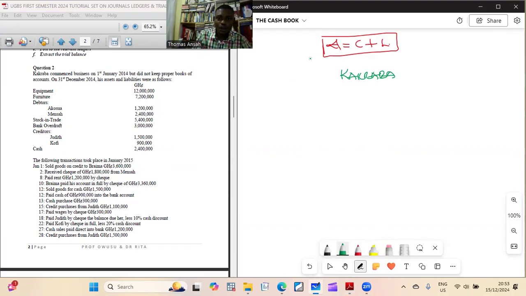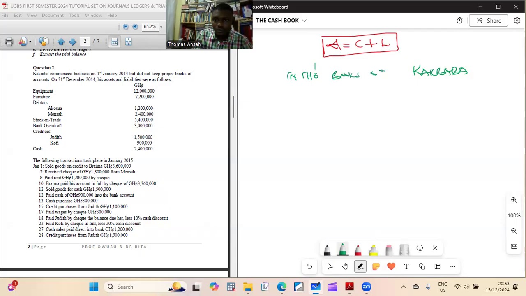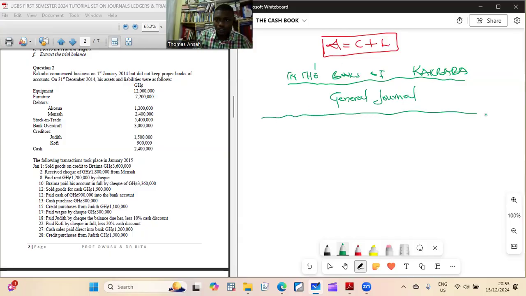So in the books of Kakraba, we are doing the general journal to know the opening balance. Don't forget our accounting equation. How does the general journal look like? It looks like a trial balance.